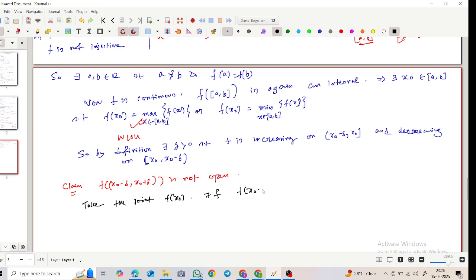If the image of (x naught minus delta, x naught plus delta) is open, then there exists epsilon greater than 0 such that (f of x naught minus epsilon, f of x naught plus epsilon), some epsilon neighborhood, would have been totally contained in this, right?